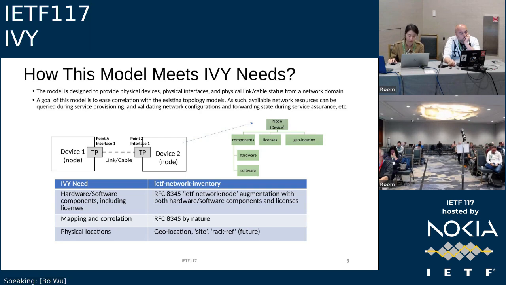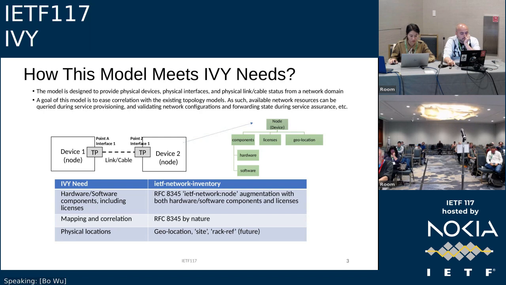And regarding physical locations, we define geolocations, and we can add rack reference in a future version as well. So from our perspective, this model can meet the need of the IVY core inventory model.